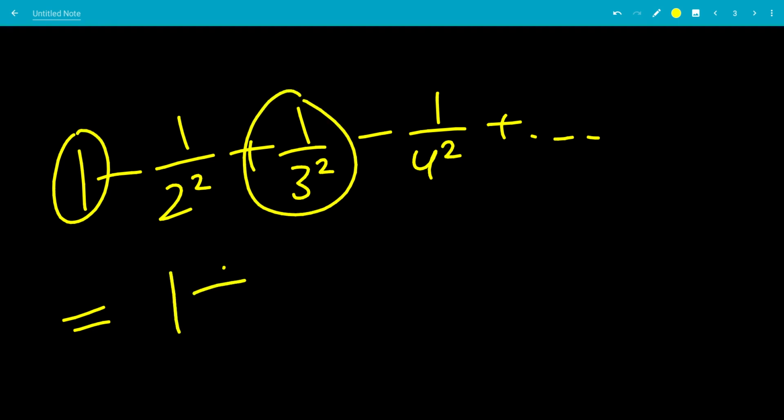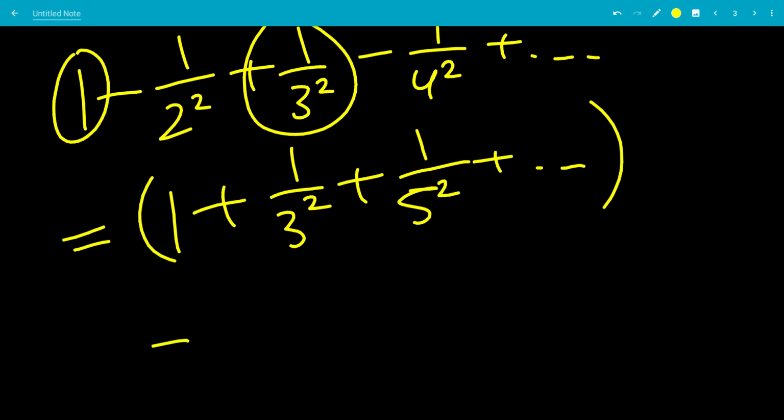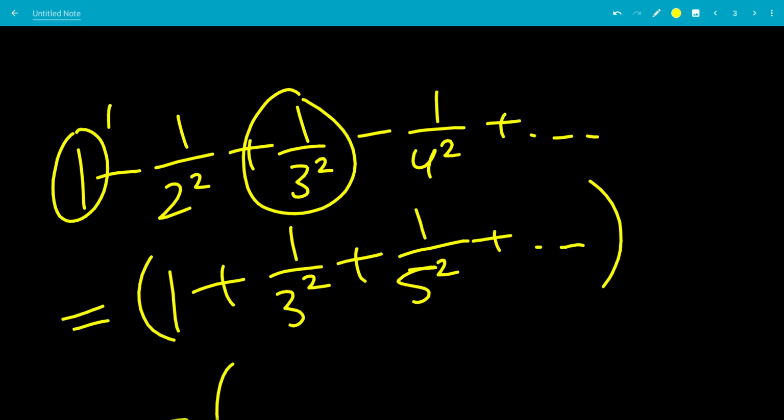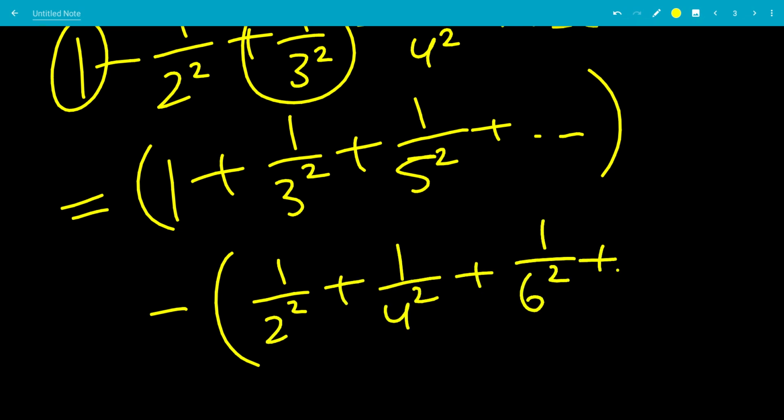So we're going to have 1 plus 1 over 3 squared plus 1 over 5 squared and so on. We can group those out. So we're reordering the terms technically. Minus, and then you're going to have minus 1 over 2 squared, then minus 1 over 4 squared and so on. So we can take the negative out, and we're going to have 1 over 2 squared plus 1 over 4 squared plus 1 over 6 squared and so on.